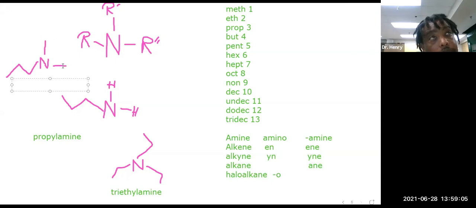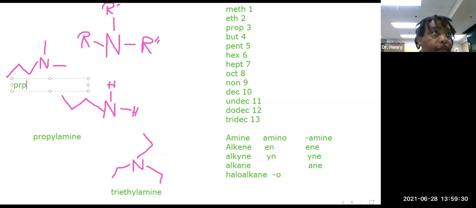One carbon? So if there's 1 carbon here, and there's 1, 2, 3 carbon here, this guy would be called what? Three carbon? What is a 3 carbon chain?